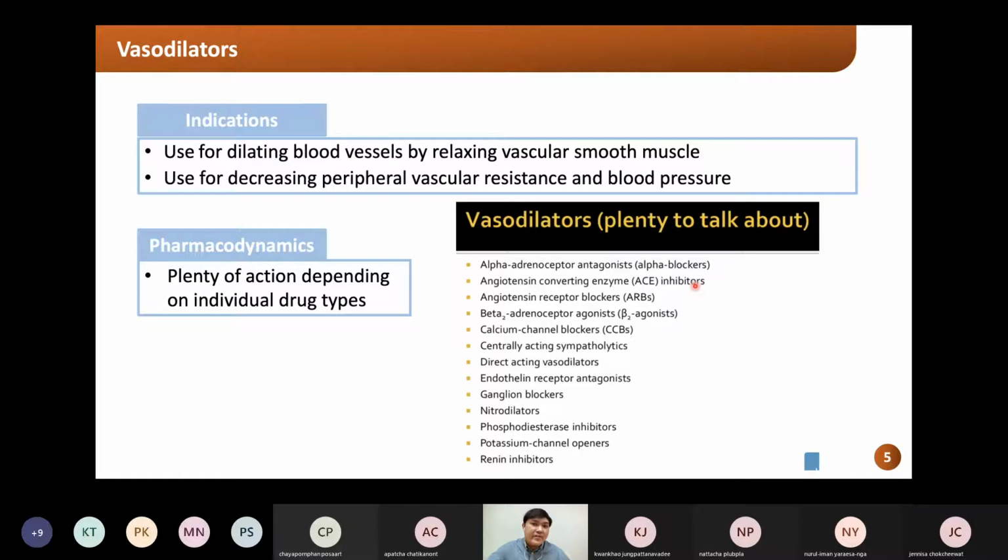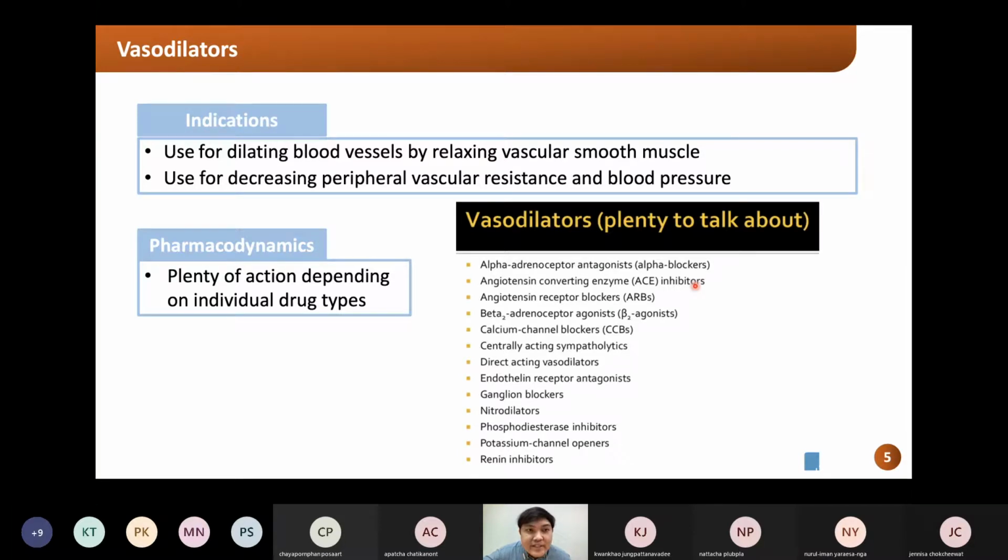When the drug is given to the patient, it affects vascular smooth muscle cell relaxation, and when the vessel dilates, it can decrease the peripheral vascular resistance and eventually decrease blood pressure.